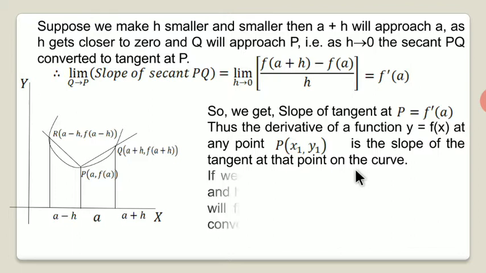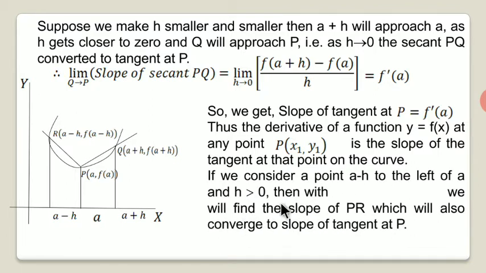Okay. Now, if we consider a point a minus h to the left of a, च्या left side ला आपण a minus h हा point consider केला. Here again h is positive. Then R has coordinates a minus h, f of a minus h.